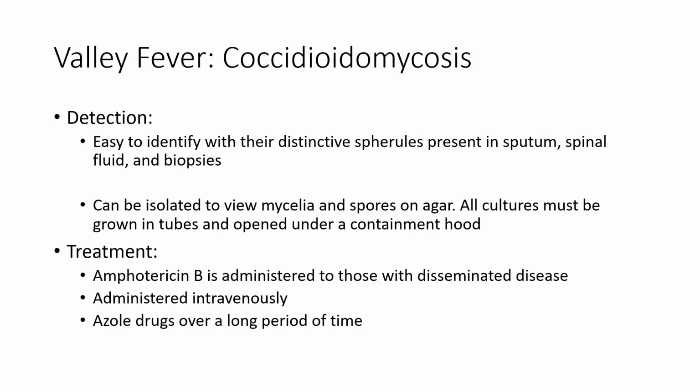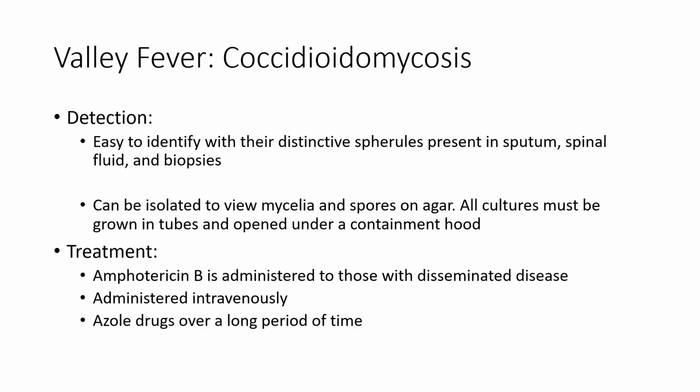So if it's serious, but also not in a dire state, you can take azole drugs if you have the time for it. Same with the previous Ohio Valley fever. You can take azole drugs, but these take a while. It's slowly killing the fungi, so you need the time. And if you don't have that, then amphotericin B is what you're going to be using.